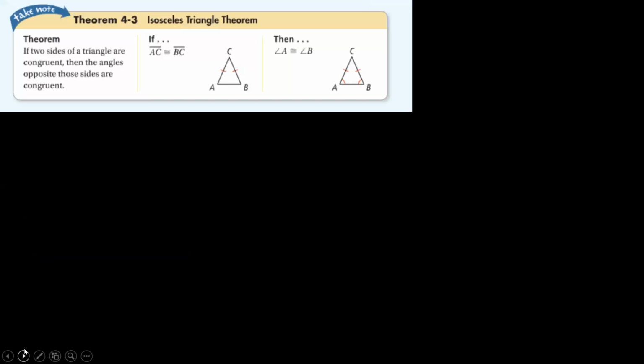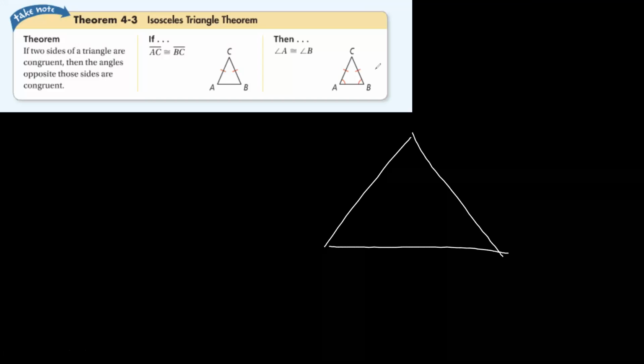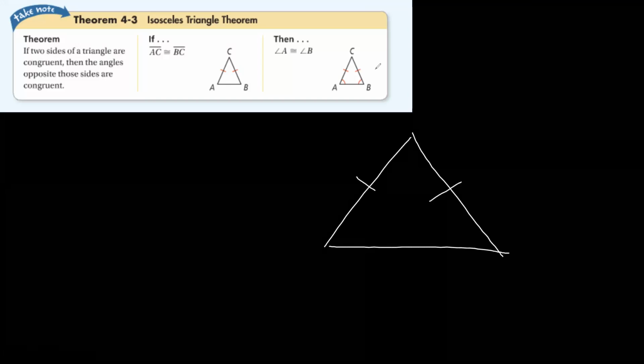And we stated also one of the theorems for the isosceles triangle, that says if AC is congruent with BC, if these two sides are congruent, then look at this side, the red one, this is its opposite angle.